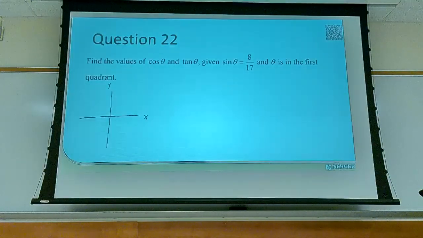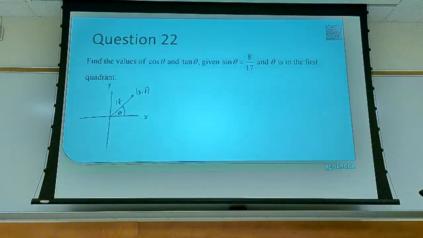They tell us it's in the first quadrant. Or is it rise over run? Rise over run is y over x, right? How is sine defined? It's y over r. So the length of that ray is 17.